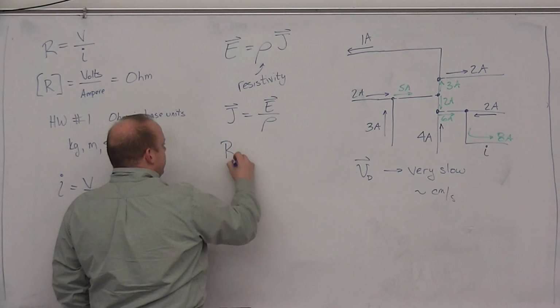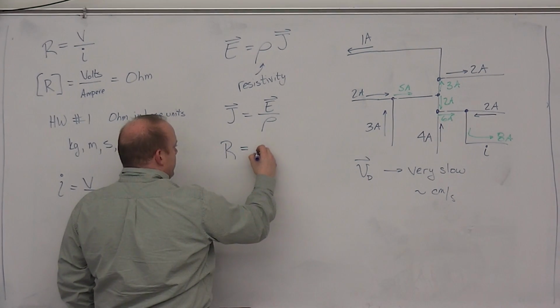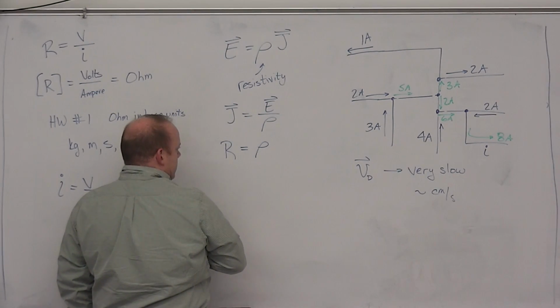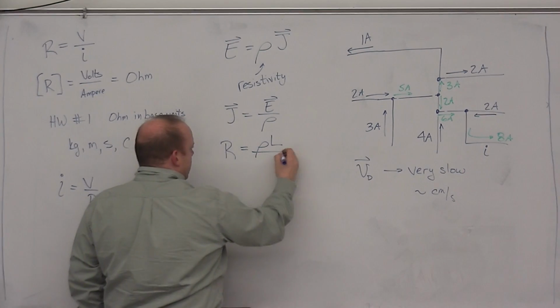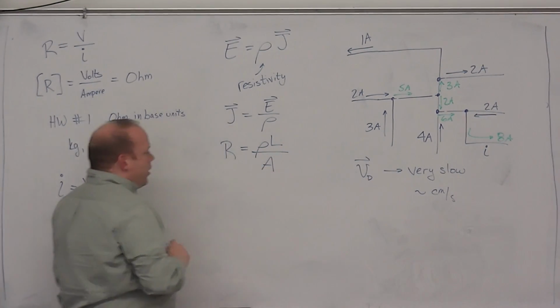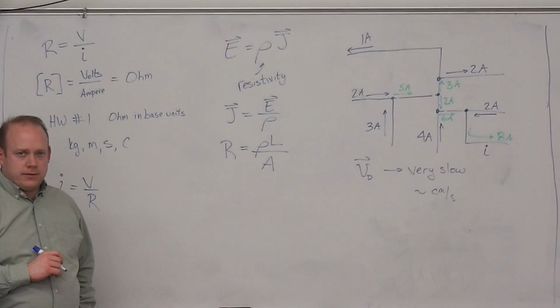A device's resistance is equal to the resistivity of the material times the length of it divided by the area. Okay? This equation makes sense.